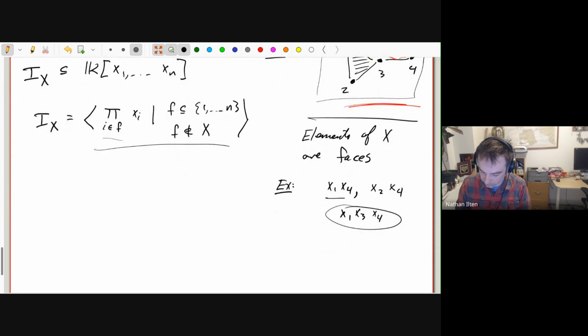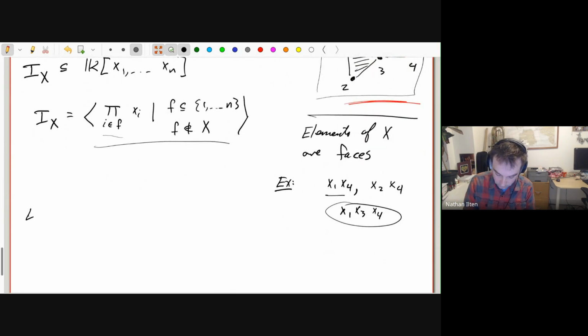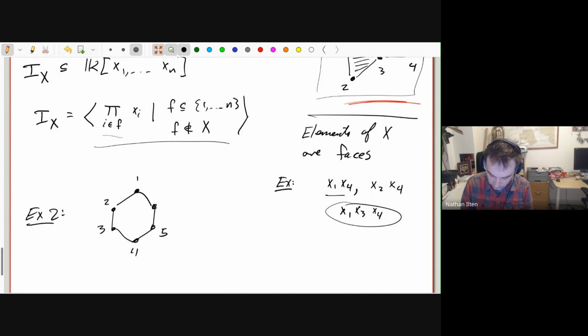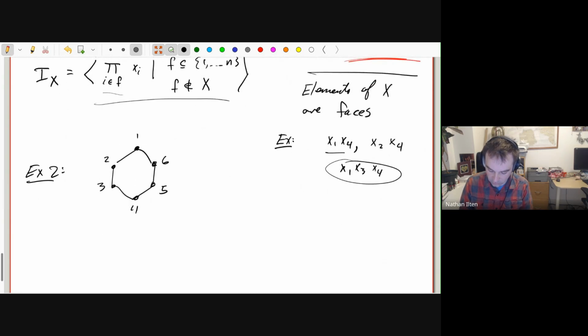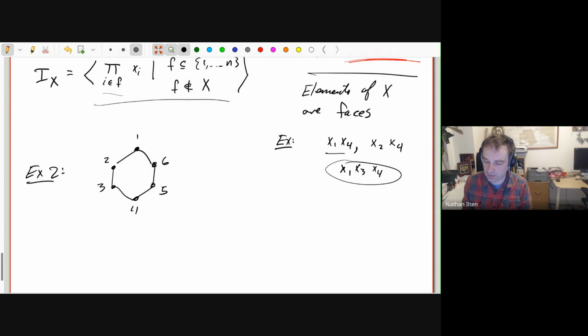Let's do one more example. So the second example is going to be a recurring example throughout the talk. I'm going to take my simplicial complex to be the boundary of a hexagon. So I have maybe 1, 2, 3, 4, 5, 6. Here are the vertices. And so what are the minimal non-faces here?